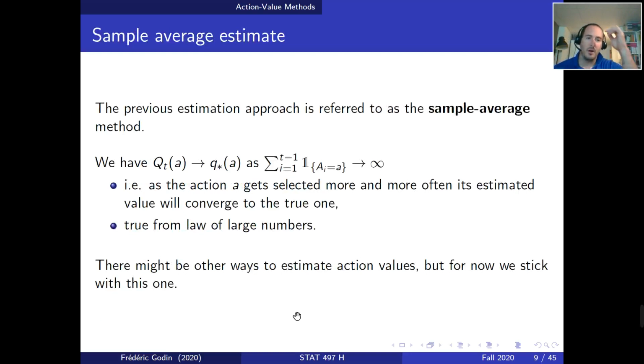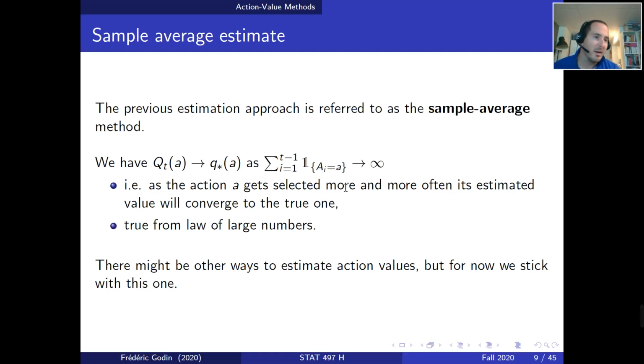So what are the properties of these estimates? Well, from the law of large numbers, I think most of you know that this estimator is consistent. It will converge to the true expectation. So our average reward from lever a will converge to the true expected value as the number of times lever a is sampled tends to infinity.